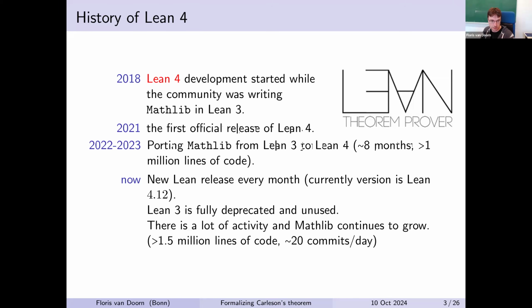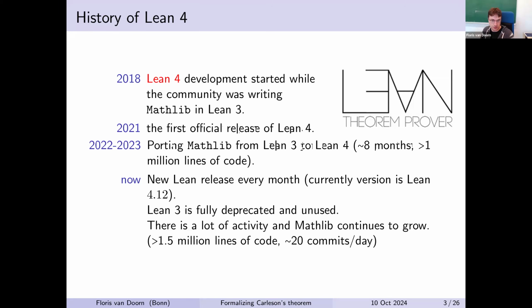Mario Carneiro had written a tool to do some automated porting from Lean 3 to Lean 4, but that was only an approximation, so quite a lot of manual fixes were still needed. But we really wanted to avoid a split in the community, with some people still using Lean 3 and some moving to Lean 4.